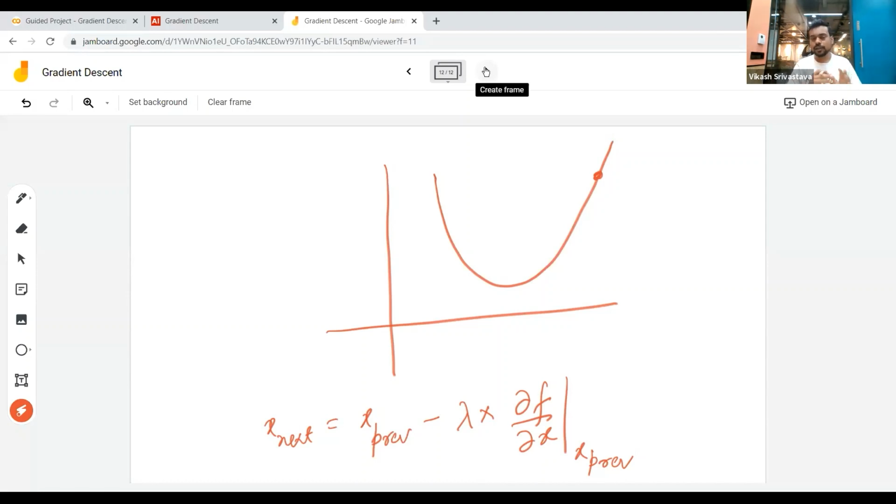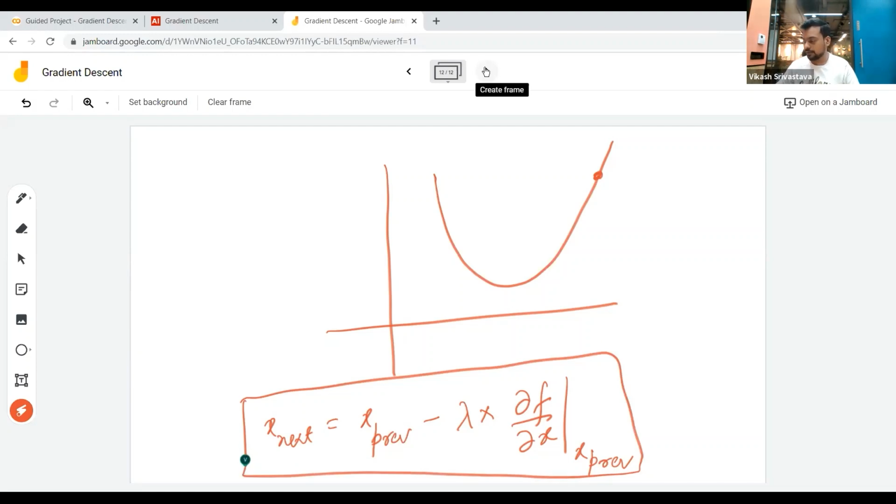They'll ask you to explain the gradient descent algorithm. When you write the gradient descent update equation like this, you need to say that this derivative is evaluated at the particular x prev. Of course, in the context of machine learning, we will not have x's. When I talk about the model parameters, we'll have theta.